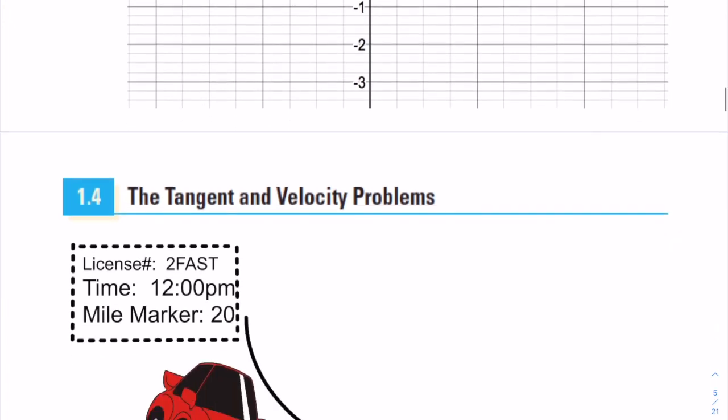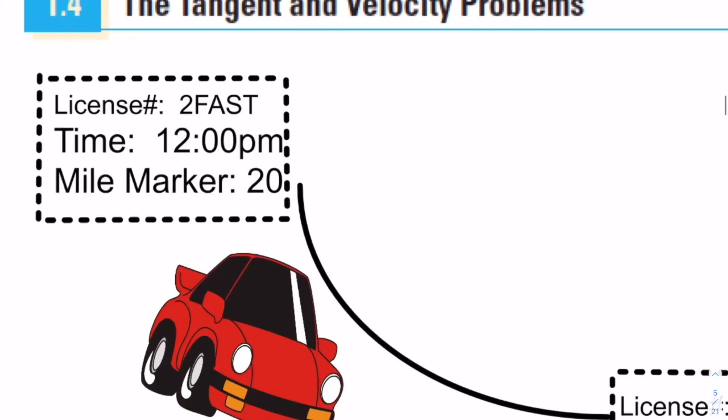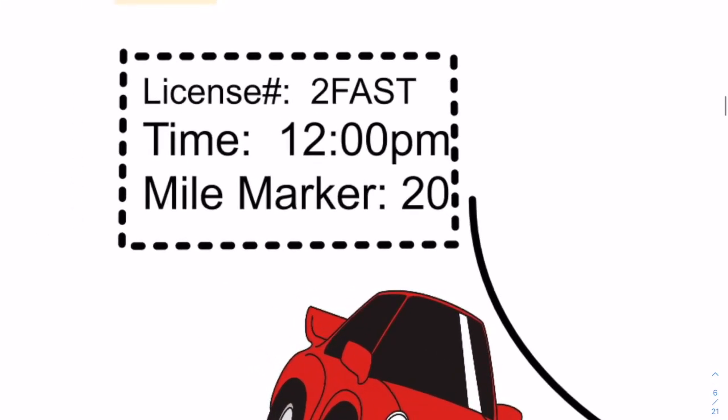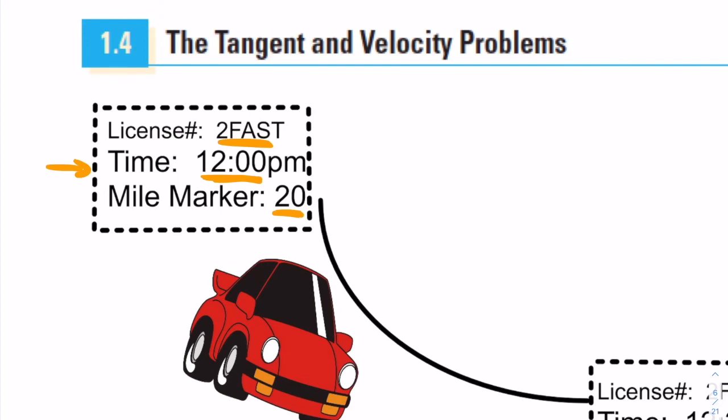You're driving and you reach a toll booth, and what happens is when you go to that toll booth, they give you a receipt, okay? They give you a timestamp of when you got the receipt, your license plate number, and also like a mile marker. So you've reached the 20th mile, okay? And what you do is at every toll booth, there's a person there to give you a receipt.